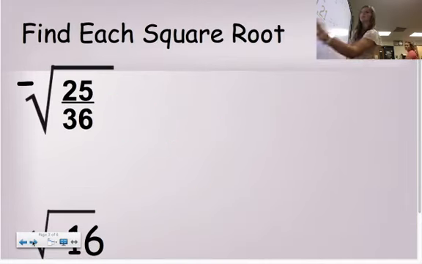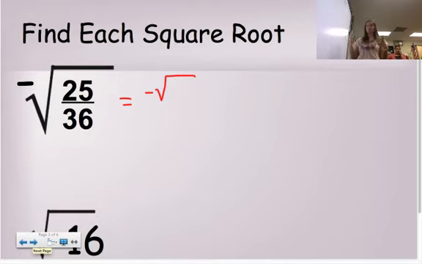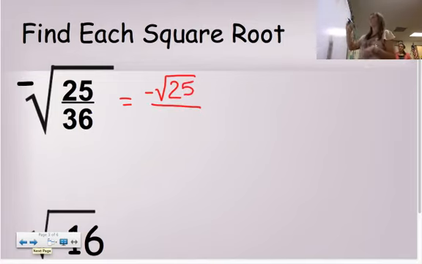Let's see what's next. Okay, here is a square root of a fraction. When we have the square root of a fraction, I'm just going to rewrite it as the square root of the top number over the square root of the bottom number. Now be careful, you don't want to put the negative on both places because two negatives always equal a positive. So I'll put my negative with the top number. It doesn't matter, you could do it either way as long as you just have one negative.